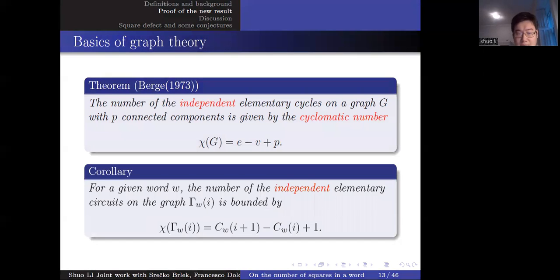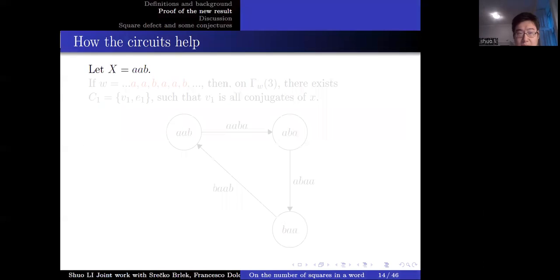As a corollary of this theorem, for a given word W, the number of independent elementary sequences on the graph gamma I should be bounded by C_I+1 minus C_I plus 1.